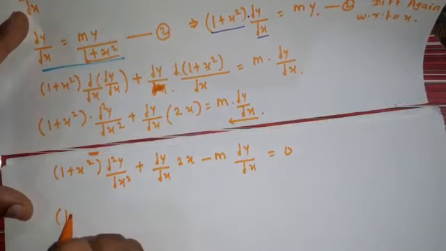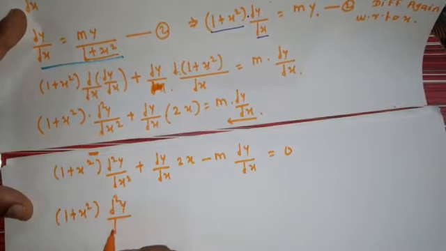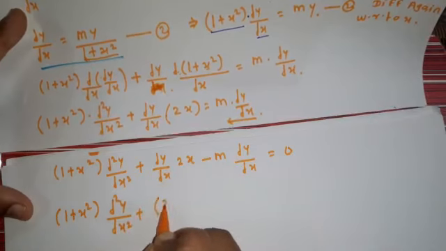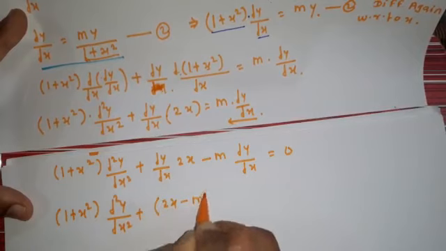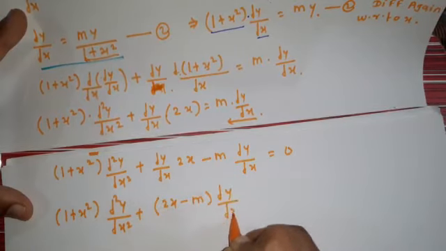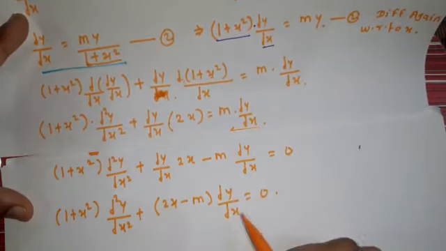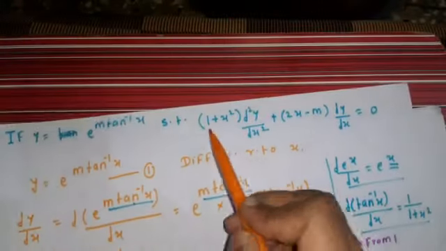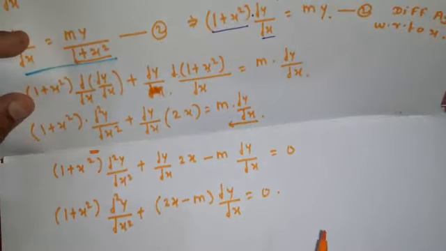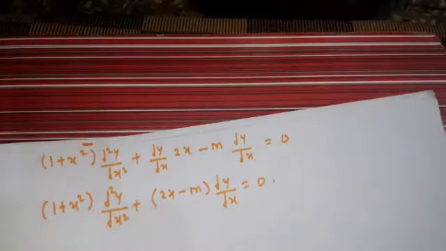Now (1 plus x square) d2y by dx square plus common out dy by dx and we get (2x minus m) into dy by dx, and that is equal to 0, and this is the required proof that we have to prove. We have proved. Okay students, in this way this is the proof of that type of problem.